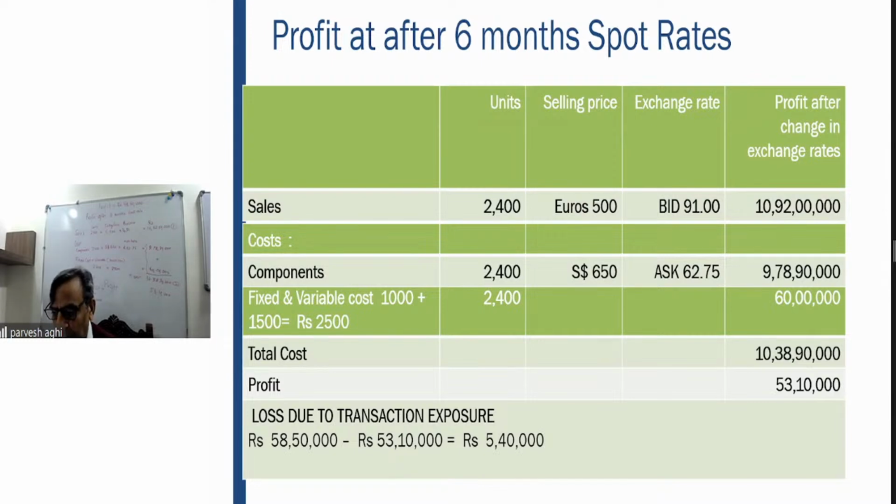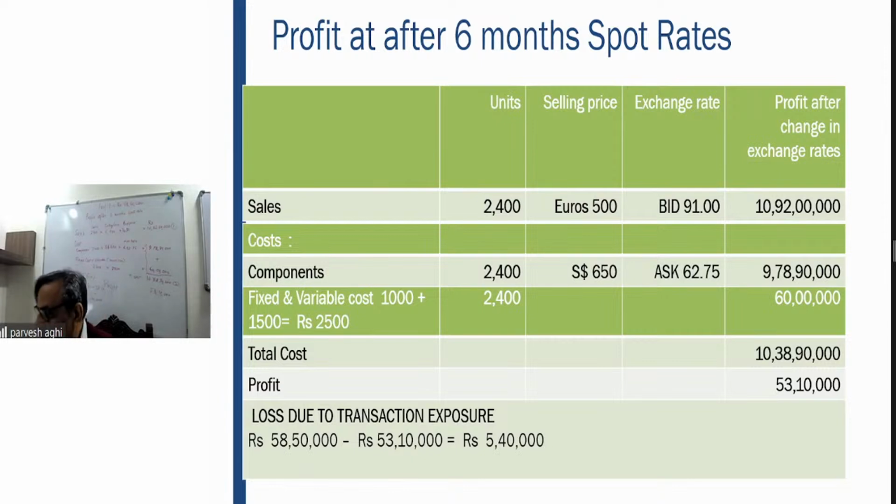He has got a positive transaction exposure as far as his sales are concerned, but he has suffered a loss because his component cost has gone up significantly, from 61.25 to 62.75. So now he's incurring a good amount of cost in importing components. That's why he has suffered a transaction exposure. He made a profit of 53 lakh 10,000, whereas at the time when he exported, his profit was 58 lakh 50,000.